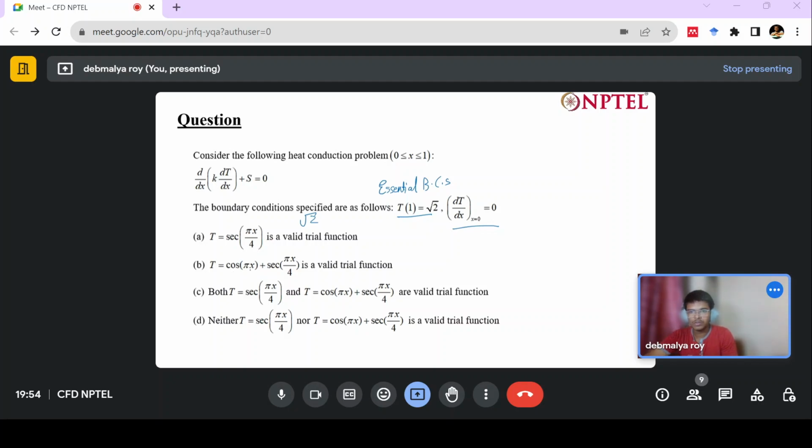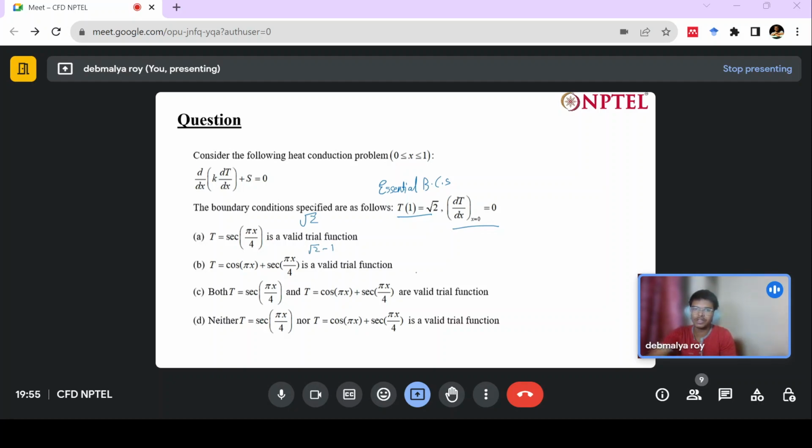Again, if we put 1 here, cos pi plus sec pi by 4. What is cos pi? Cos pi is minus 1, right? So cos pi is minus 1 and sec pi by 4 is root 2. So this gives us root 2 minus 1.